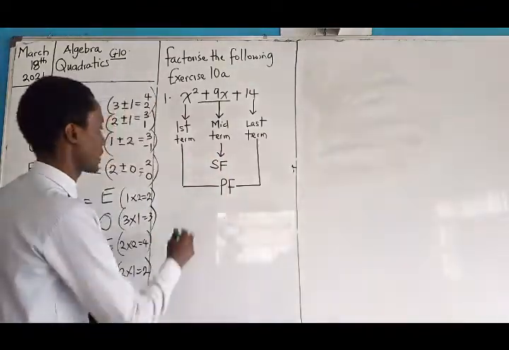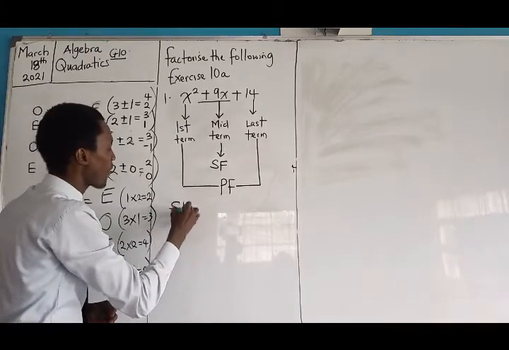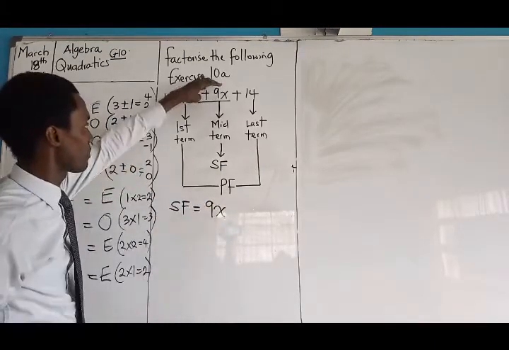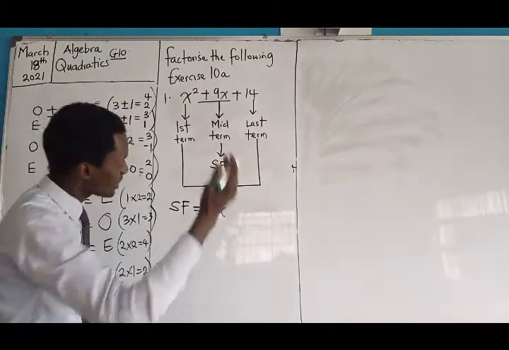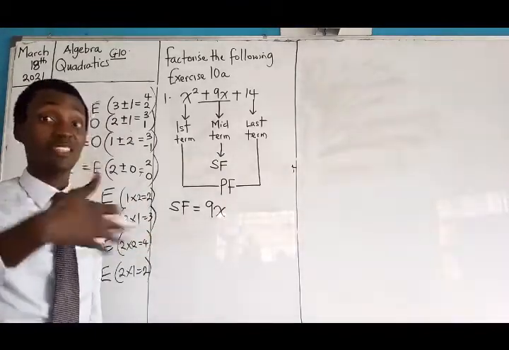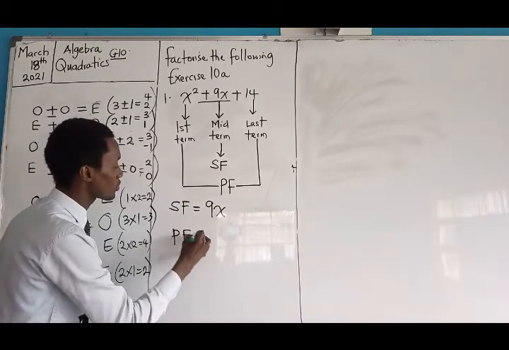Now look at this. According to the arrangement I have here, my sum of factors will be what? 9x. Now, take note of something. Okay, let's keep that for later. Maybe later I will show you something else. By the time you understand this technique, there are certain things you can actually look away from. Now, your product of factors will be what?